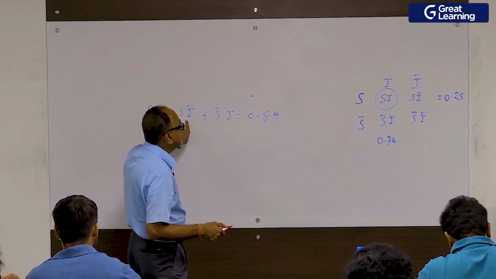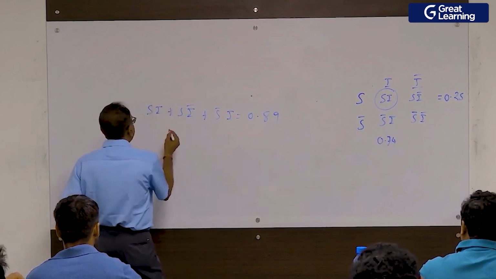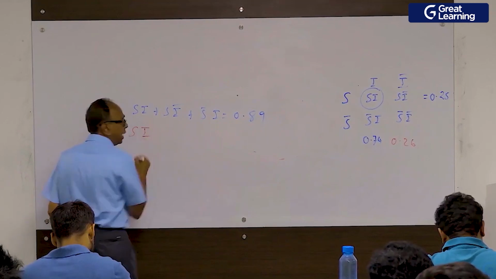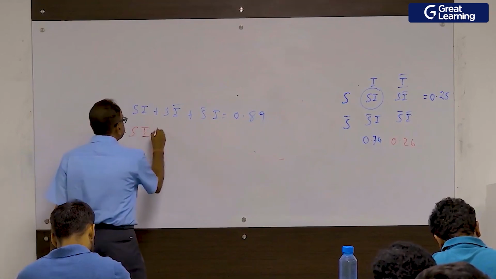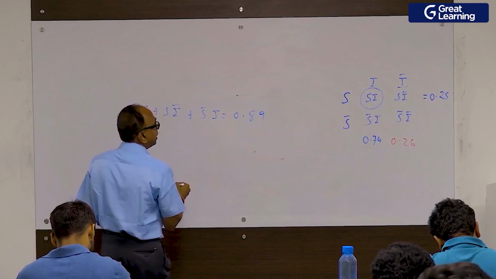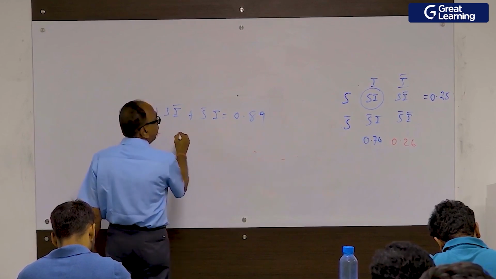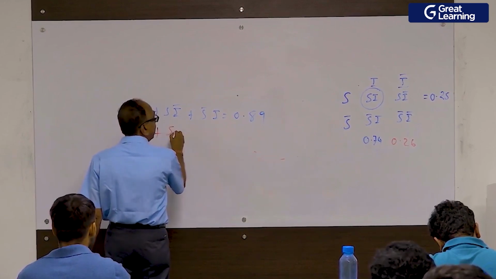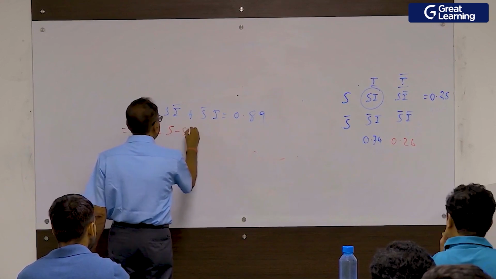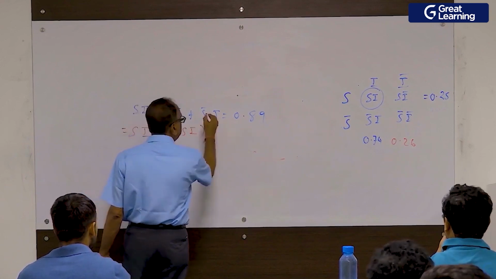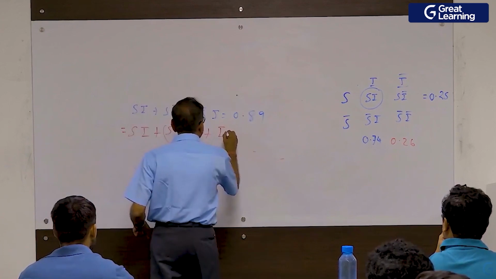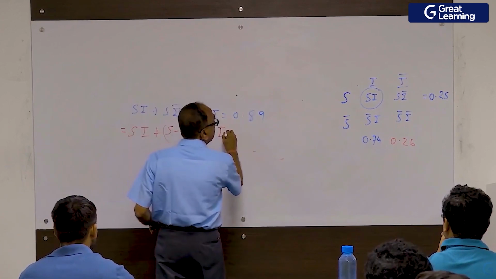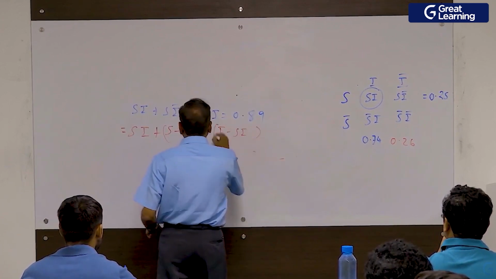SI bar, I can write this as, let's use the other one, SI plus SI bar. SI bar is equal to S minus SI, plus S bar I, am I correct? I minus SI.